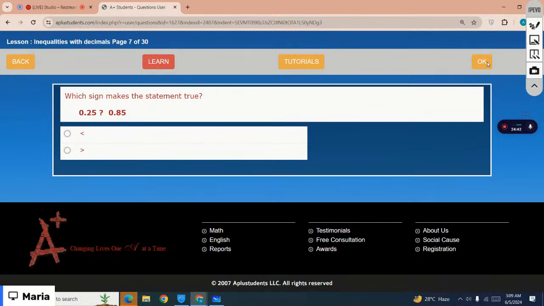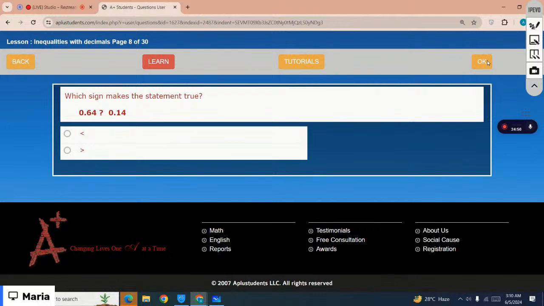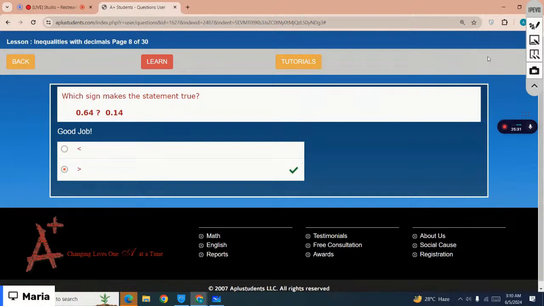It is 0.25 is less than 0.85. Okay, you can complete the lesson by yourself later today. Let me just move on to the next lesson.